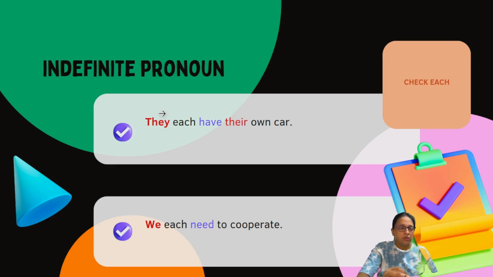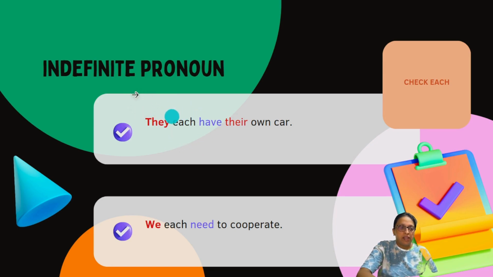We know that the subject must agree with the verb. Now, which is the subject here? First, let us understand the subject. The subject is not each. Each is a pronoun which is qualifying the subject. The subject is they here. Okay? So, they is the subject. They is a plural subject. Therefore, we have taken a plural verb here.